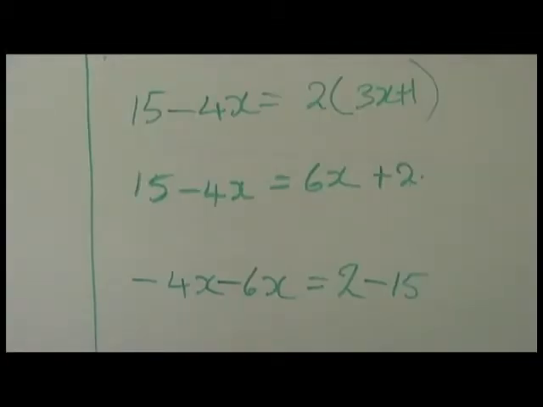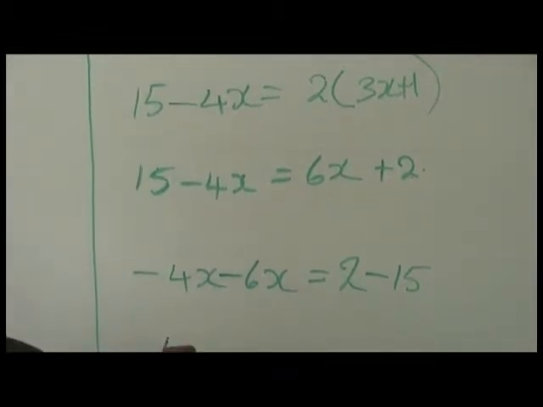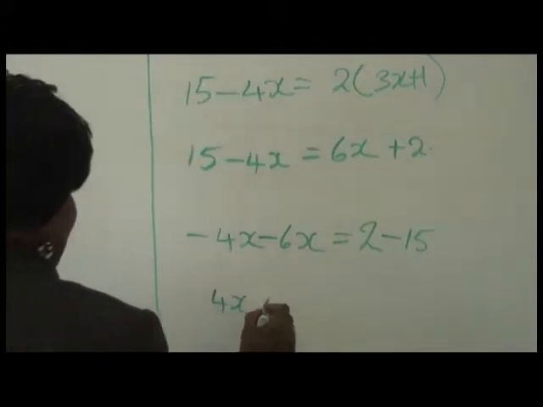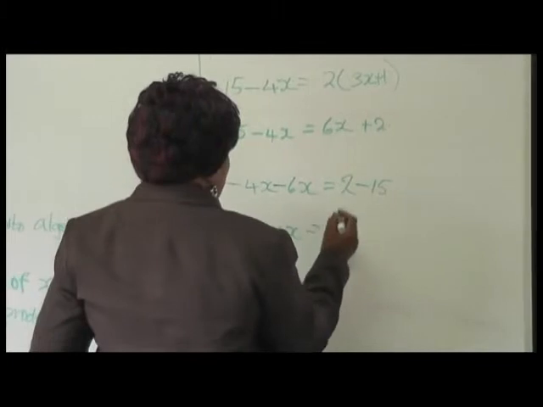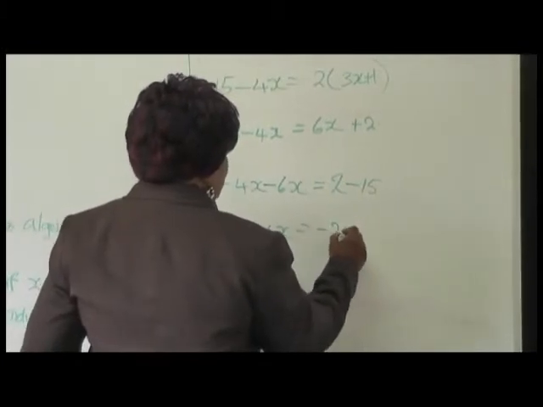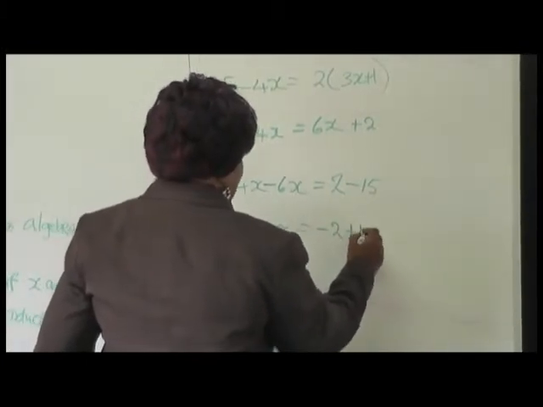All right. Now, there is one thing, students. Every time we're dealing with our variables, we always try to make them positive. Isn't that true? So we're going to multiply each side by negative 1, changing all the signs to the opposite signs. So here I'm going to get plus 4x plus 6x, and it's equal to, I'm changing the sign, so this positive 2 becomes negative 2, and this becomes plus 15.